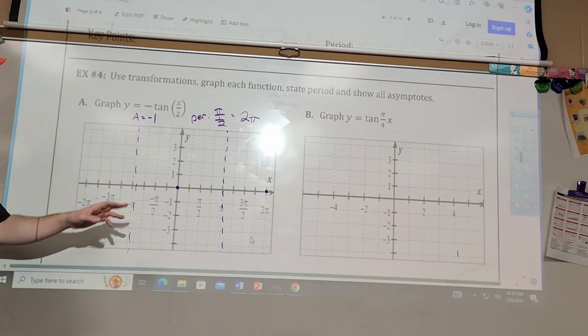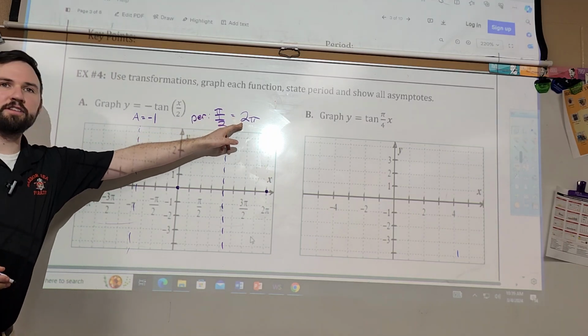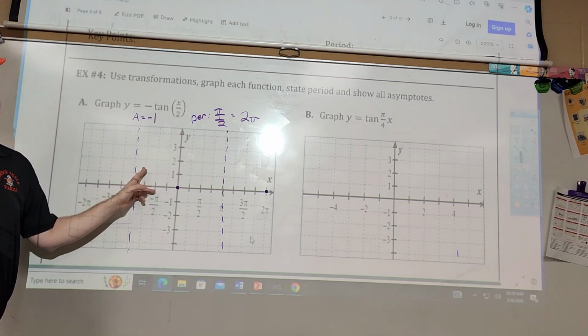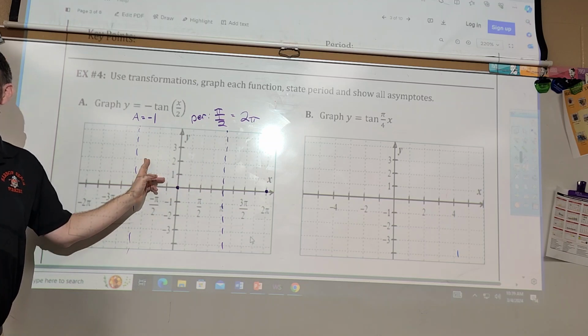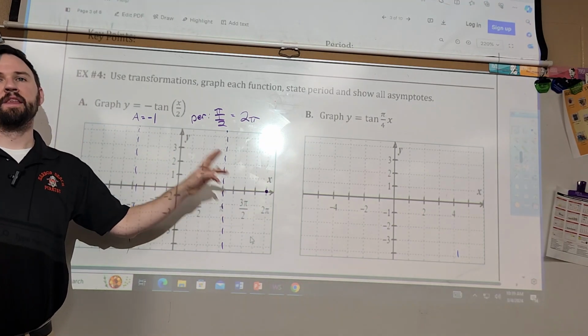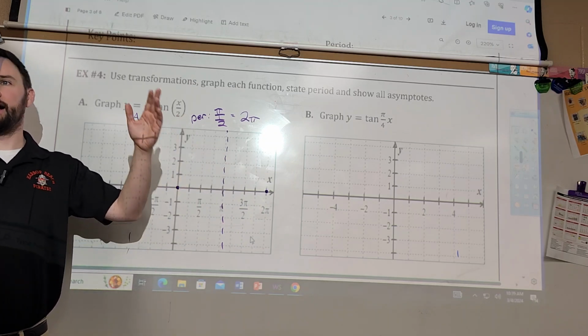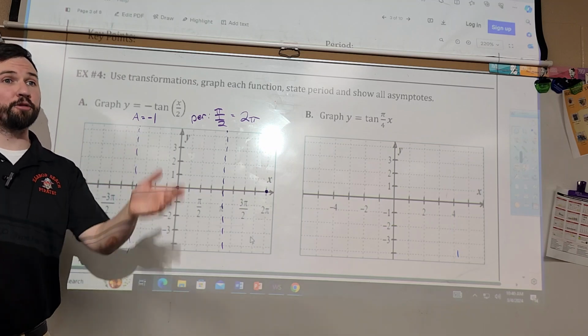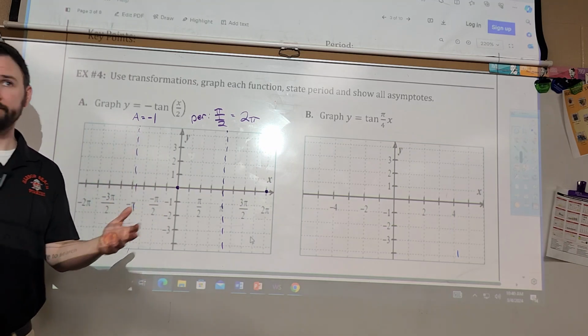The other thing you can think of is this: if my period's 2 pi, half of it is on each side for the asymptote. So what's half of 2 pi? Pi, negative pi. The only reason I showed you this way is if we start getting shifts, sometimes I will start with zeros and then cut them in half because the asymptote's in between. Or sometimes you can find the asymptotes and cut those in half. Just know that they're cut in half.